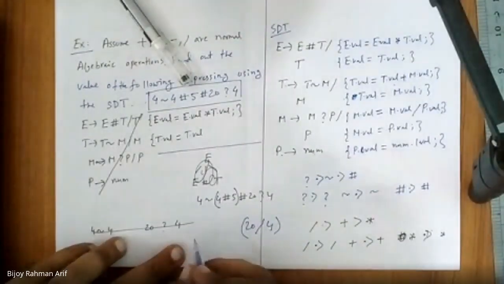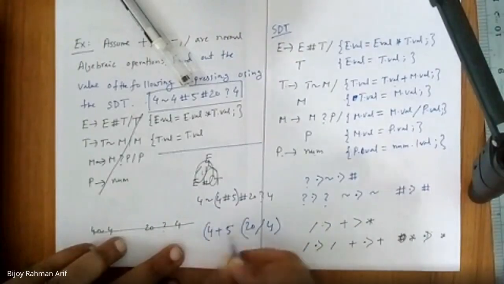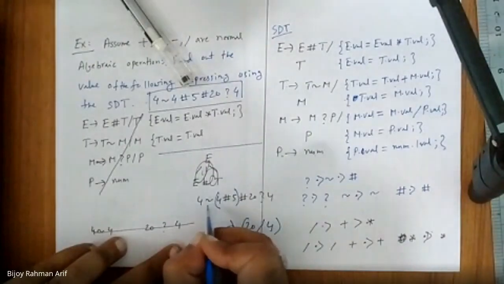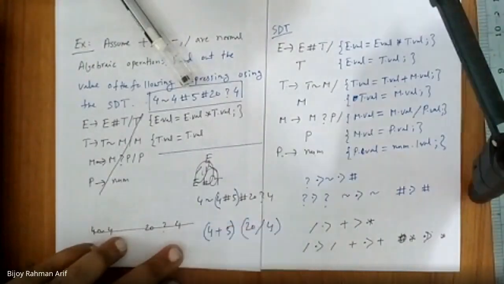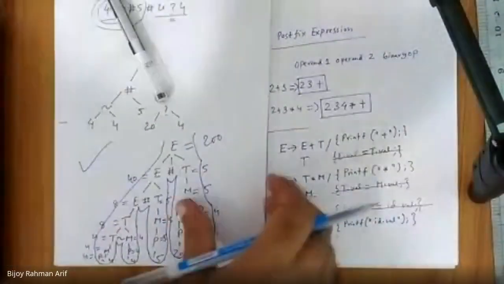So what would be the case? 4 plus 5. I have to do this first. Then the next one, because star is the... Oh, I'm making a mistake. Like this.